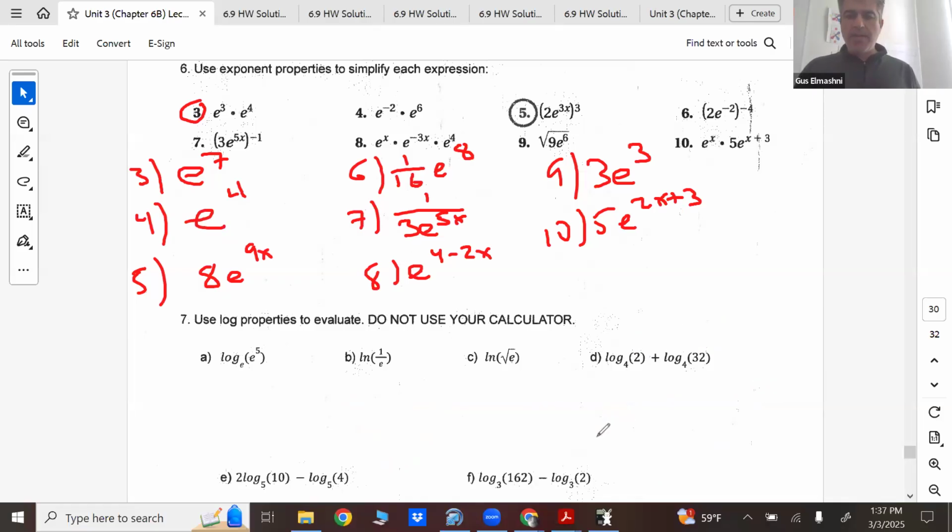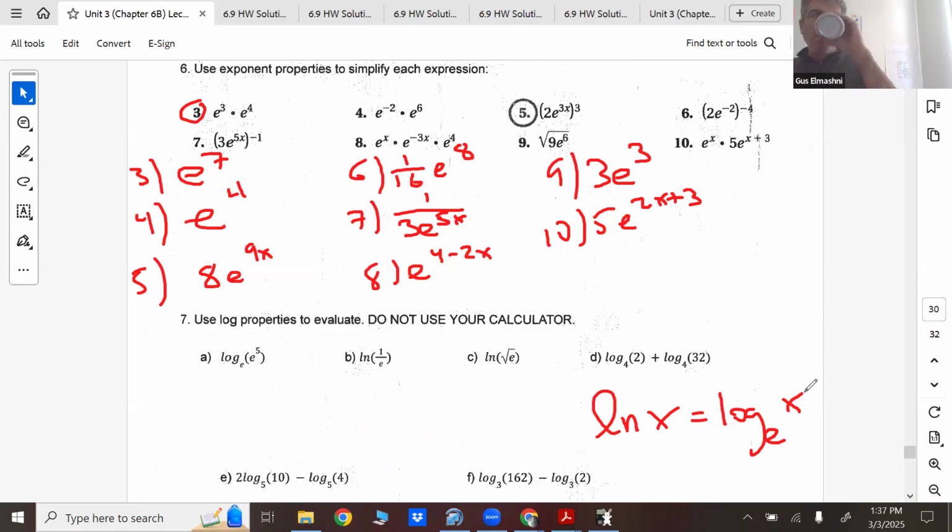Just so you know, natural log of x is the same thing as saying this. It's the same exact thing. So ln means log base e. So if I see this here, whenever these are the same, what can I assume?